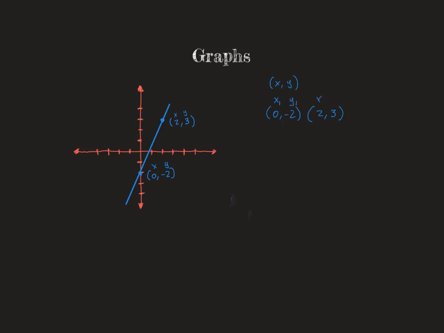This is going to be your x2, y2. Now, to find the slope, we put y2 minus y1 divided by x2 minus x1. We know the y2 is right here, so that's going to be the number 3.